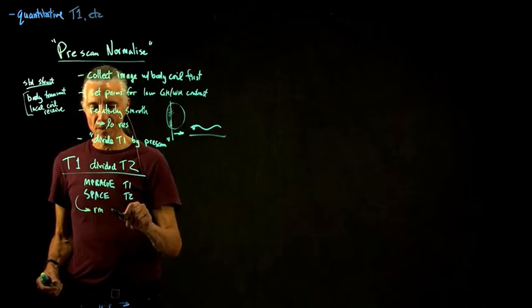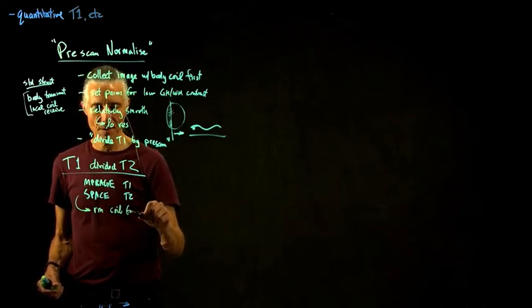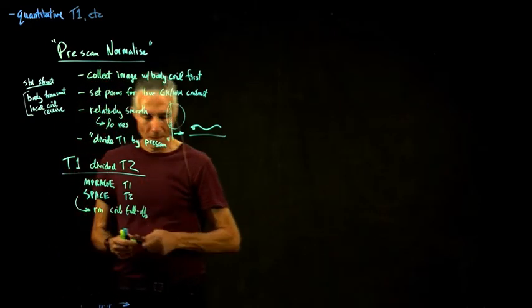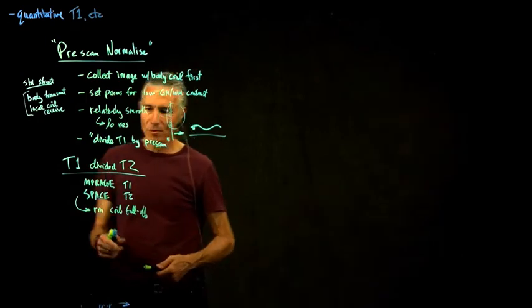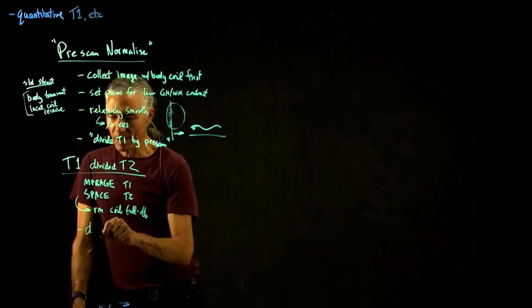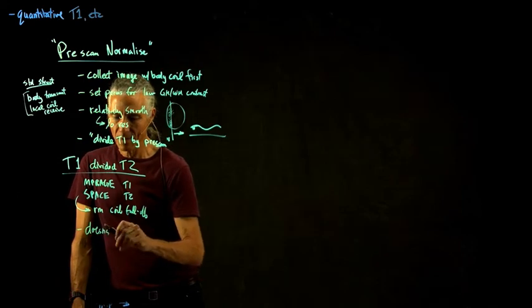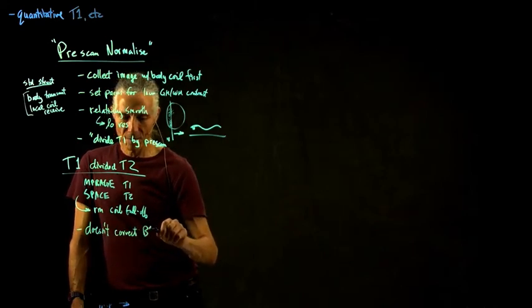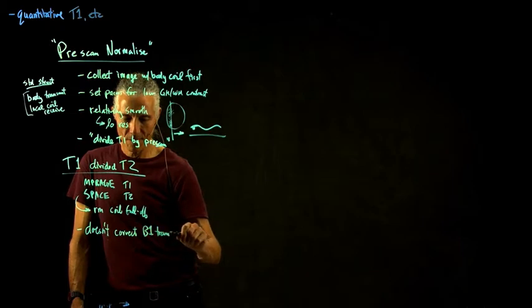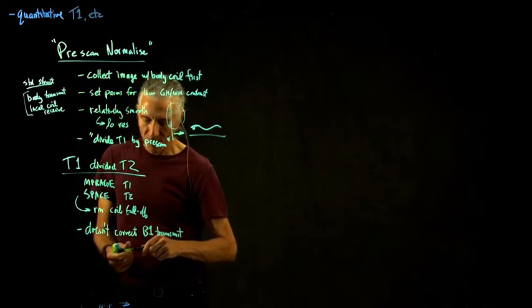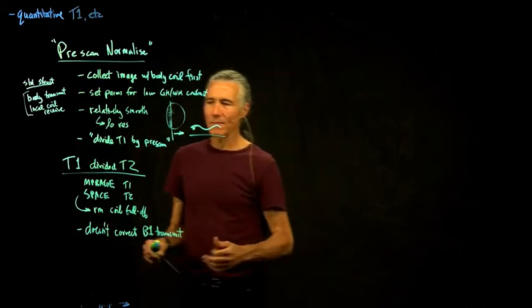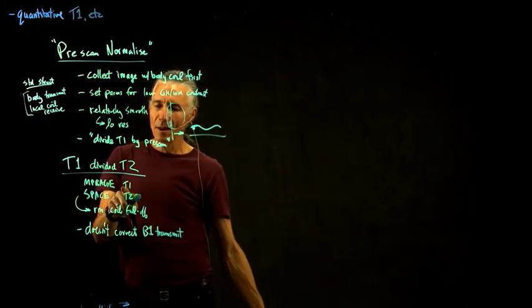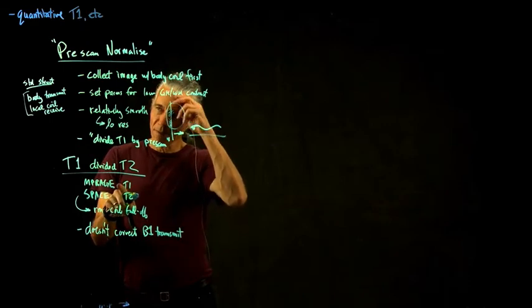It removes coil fall off, but it doesn't correct the B1 transmit problem, because the transmit field is going to be non-uniform, and then the transmit field affects the value that you get for T1, because this is a fast gradient echo.